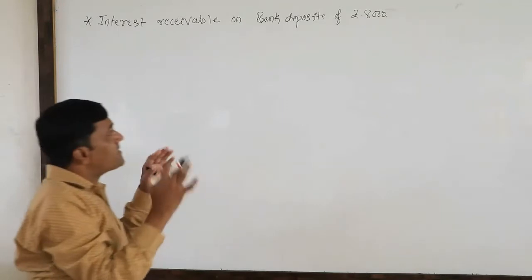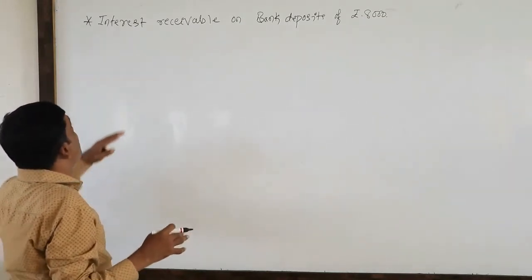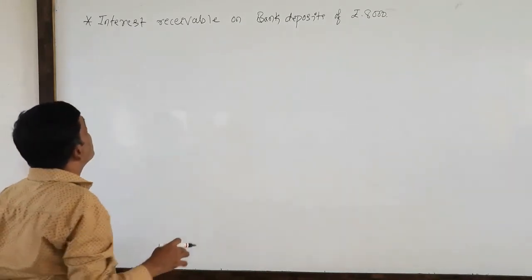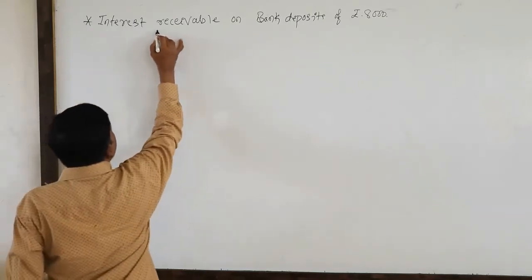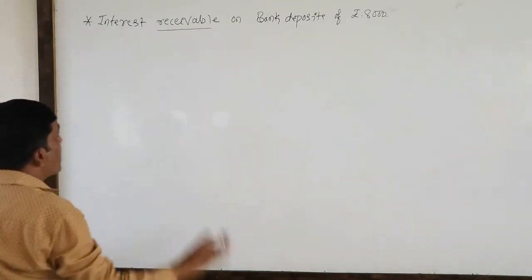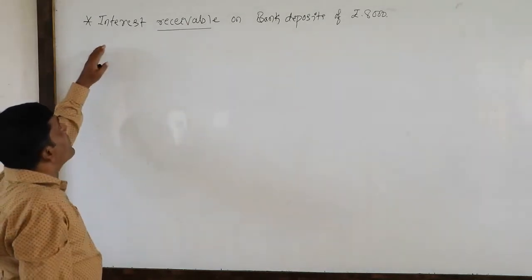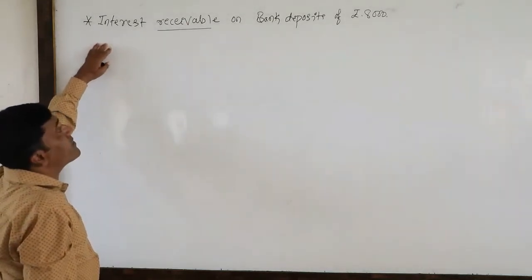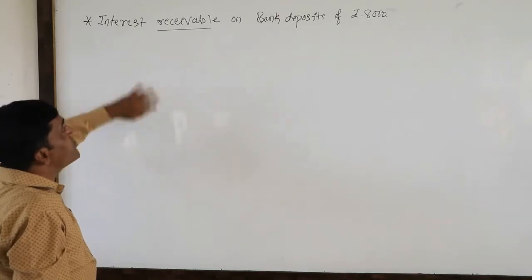It is just similar to the last example. In that example we saw received; here we see receivable. It means we have earned the interest but not yet received it, so it is a receivable amount.